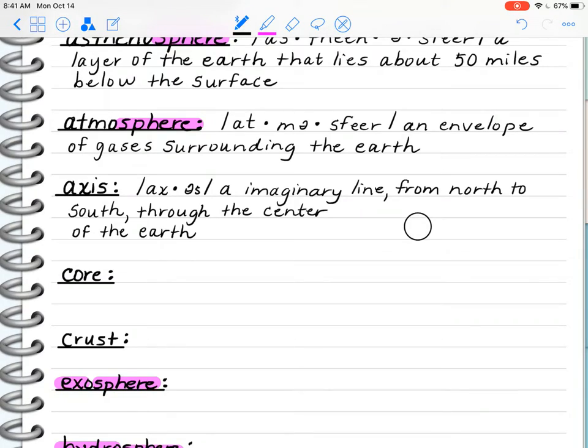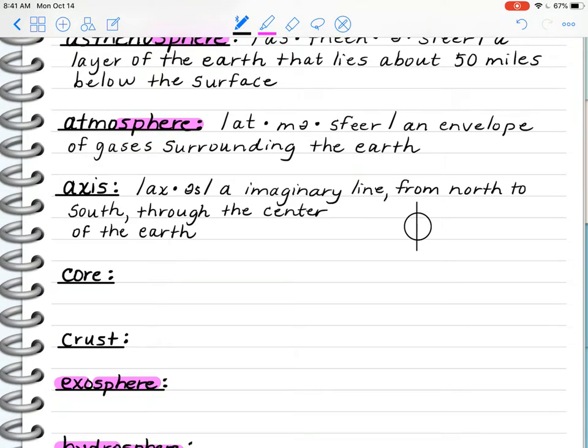This is a circle, not a sphere. But I can't draw a sphere, so I'm going to have to go with the circle. The axis line, remember, it runs north to south. So that would be the axis. It's a line that's imaginary that runs through the center of the Earth.